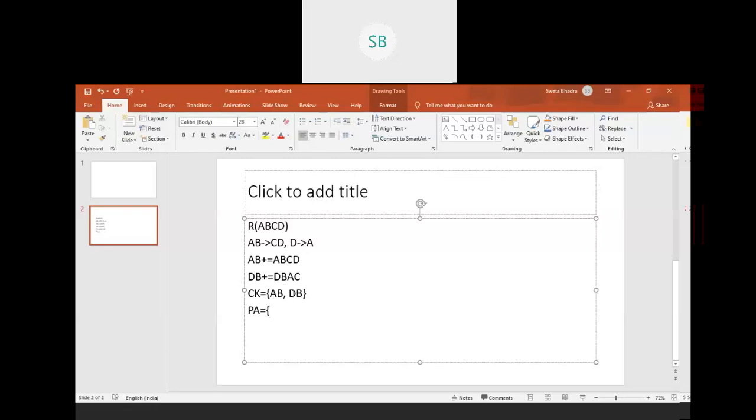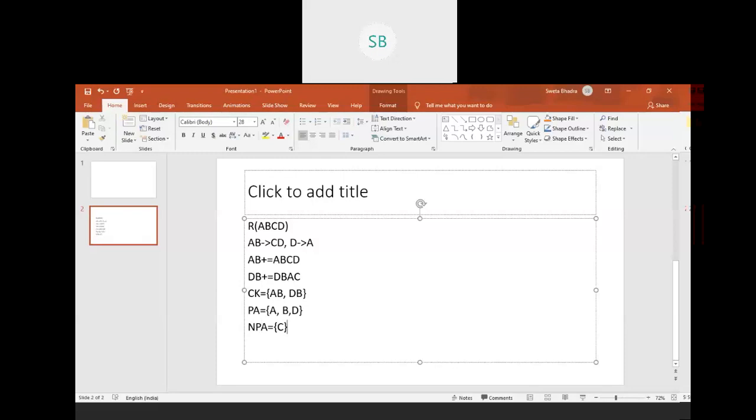The attributes present in the candidate key will be the prime attributes: A, B, D. Similarly, the non-prime attribute, I'm writing NPA. If you go here, you can see it is C only. So this is the non-prime attribute.